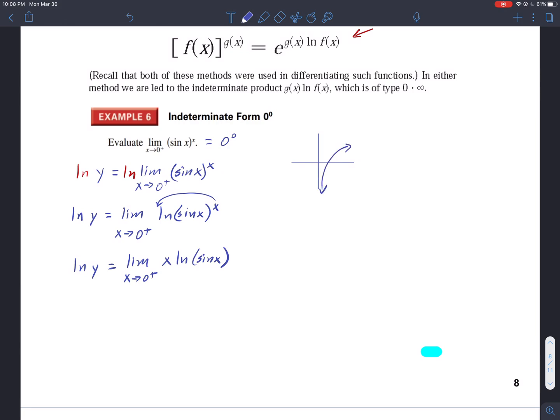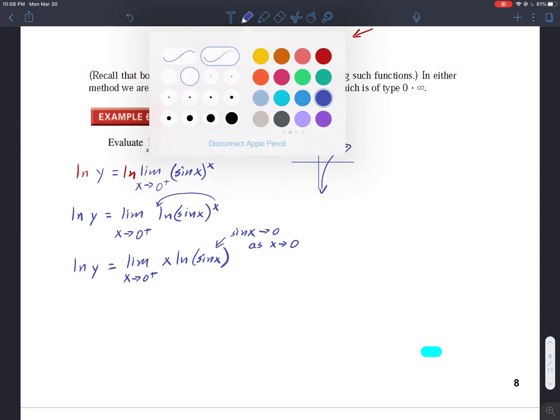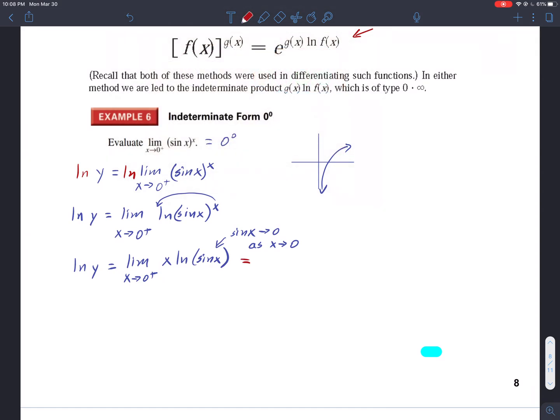And so sine x approaches 0 as x approaches 0. And so ln of sine x is like saying ln is approaching 0 from the right, which means negative infinity. All right, so all of this is equal to 0 times infinity.